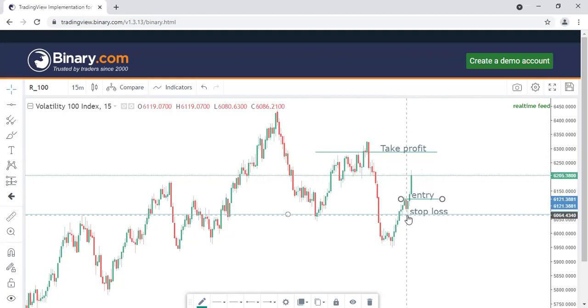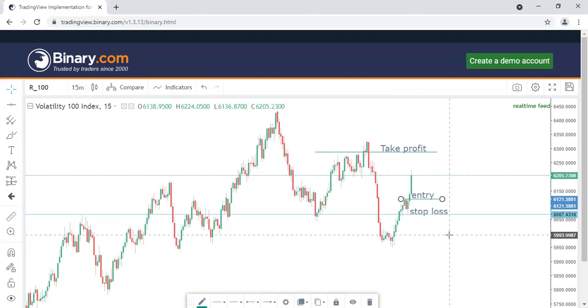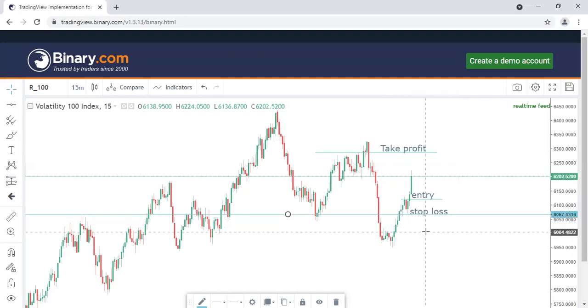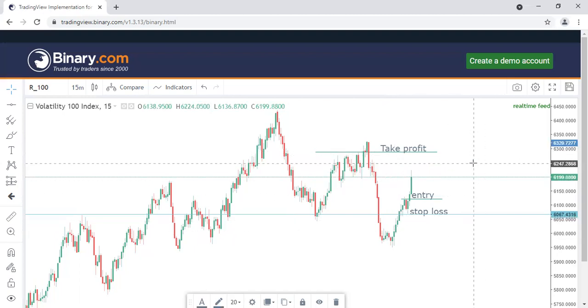Definitely for all your trades, you must always have a target as well as a stop loss. Definitely very important. So our entry is at 6121.3881. Then our stop loss is at 6067.4316. And our take profit is at 6320.72.